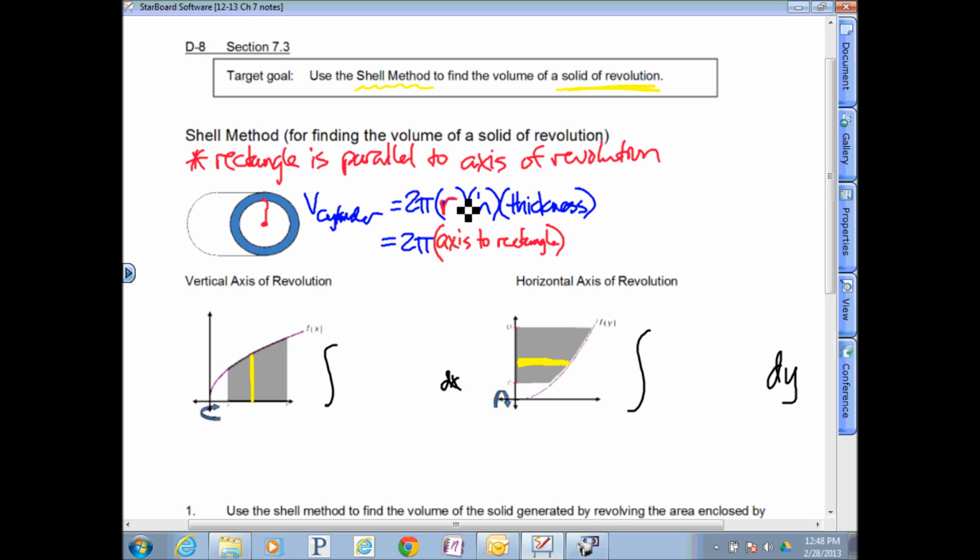That's going to be your radius. The height of it is going to be how long the rectangle is. That's going to be our height. So the height is going to be the length of the rectangle.